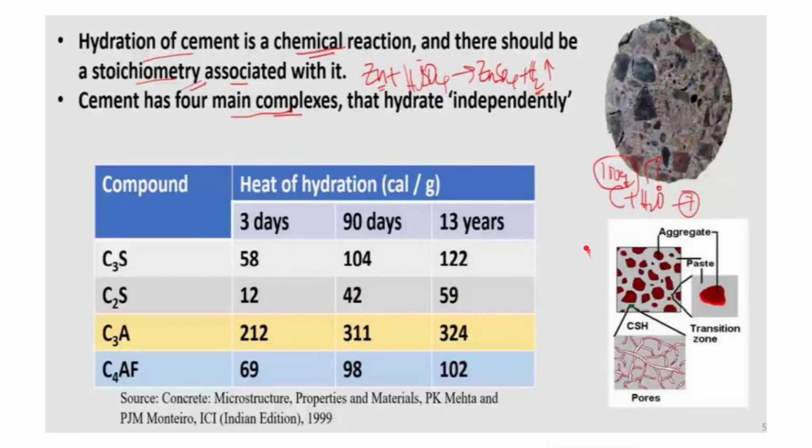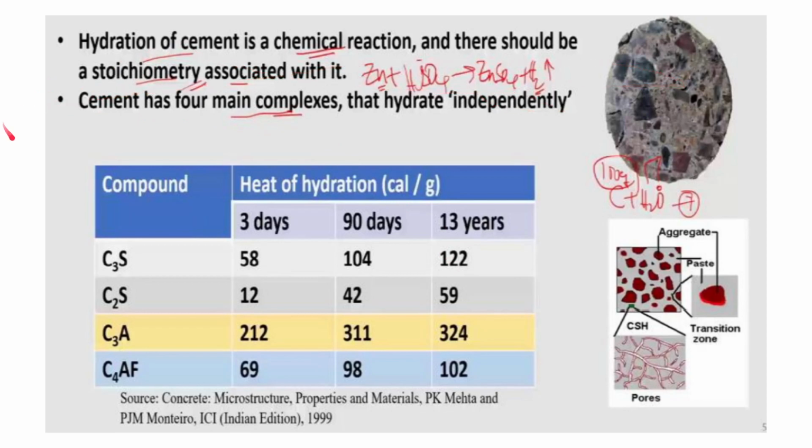Based on this, we use different types of chemical admixtures also, which can accelerate or retard the rate of hydration. Because in some cases more hydration is required, and in some cases the rate should be slow because of some reasons. We will discuss those also.